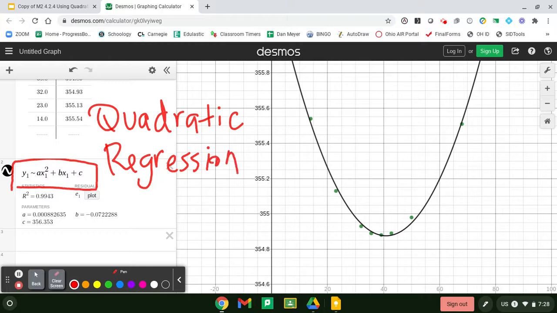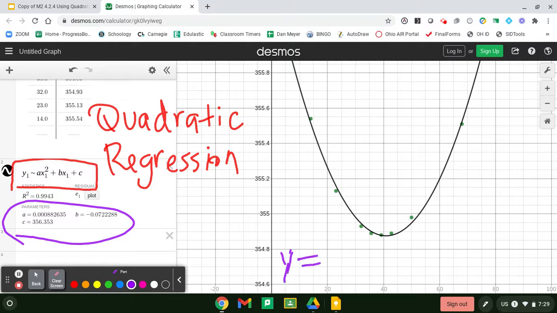Okay. So what does it give us when we write that equation into Desmos? It gives us our A value, our B value, and our C value when we're trying to write this quadratic equation. So if I try to do it, I'm going to get y equals ax squared.